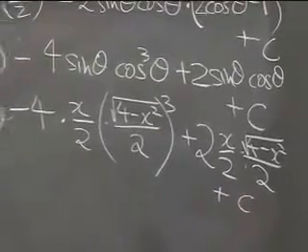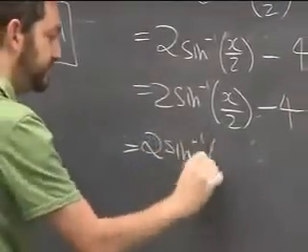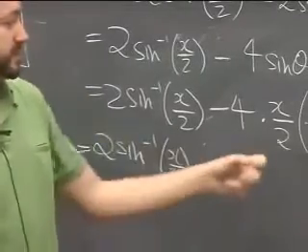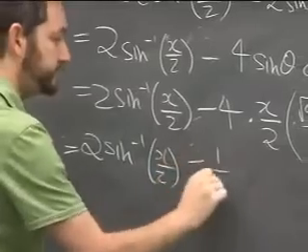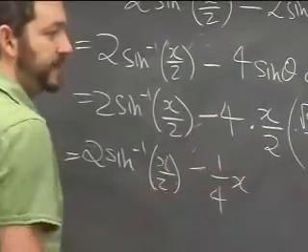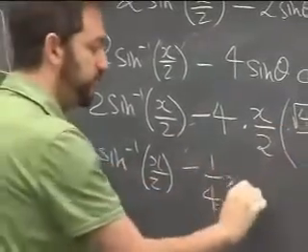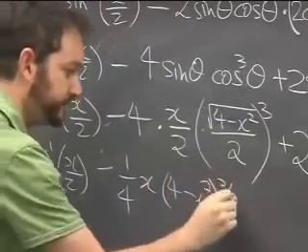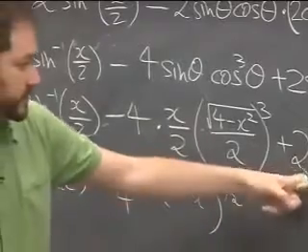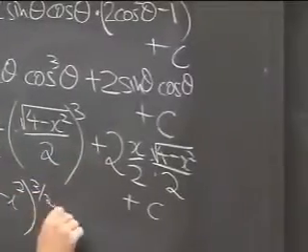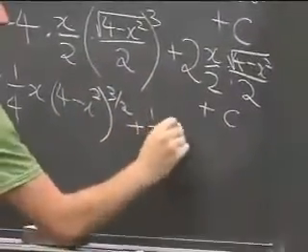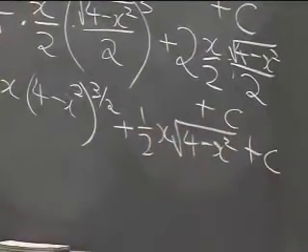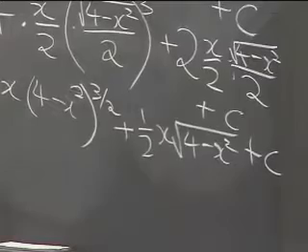I'm almost exhausted. I'm almost done, luckily. 2 cubed is 8, 16. So this is a quarter x. And the classy way to write this is 4 minus x squared to the power 3 halves. In this case, the 2s cancel out, and I just have a half x root 4 minus x squared. So unless I made a mistake, that's the answer in terms of x.